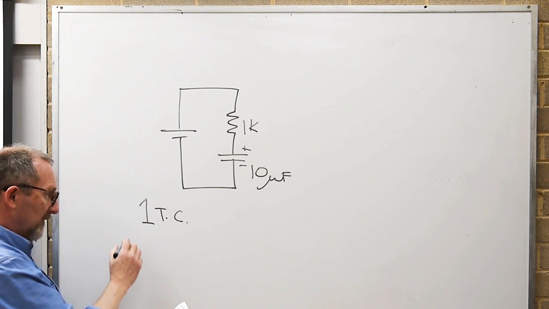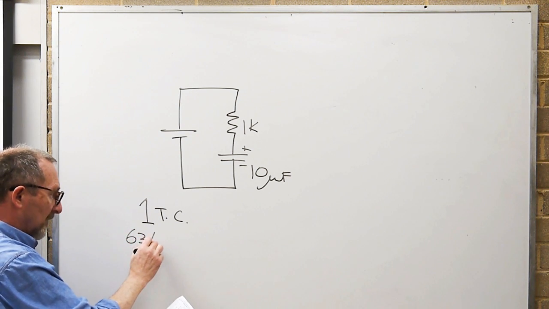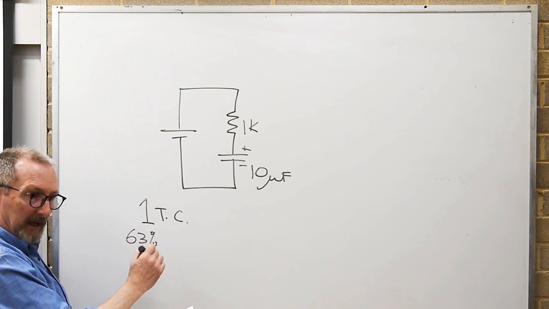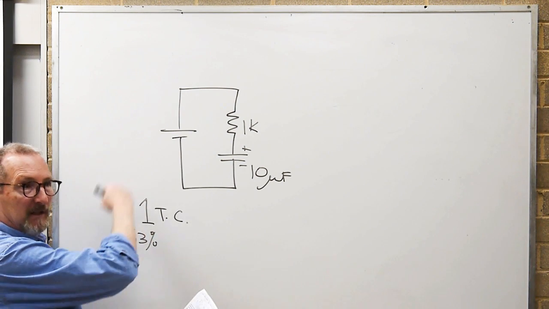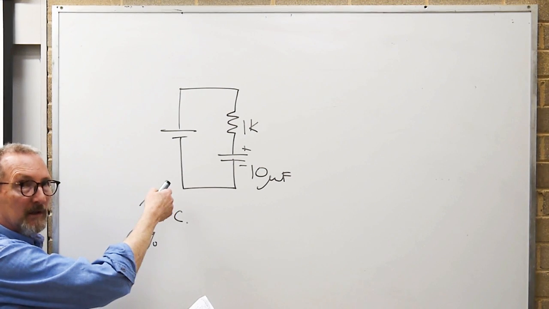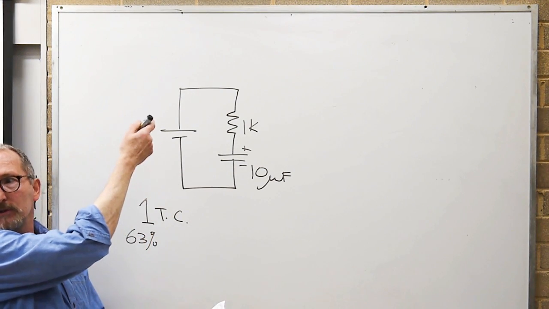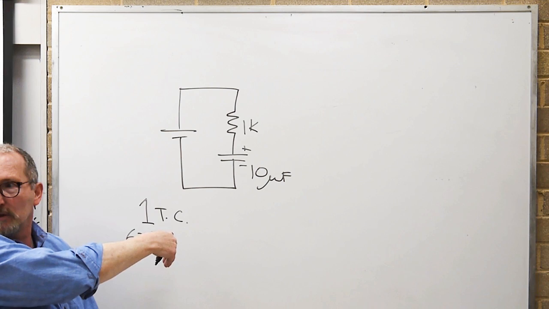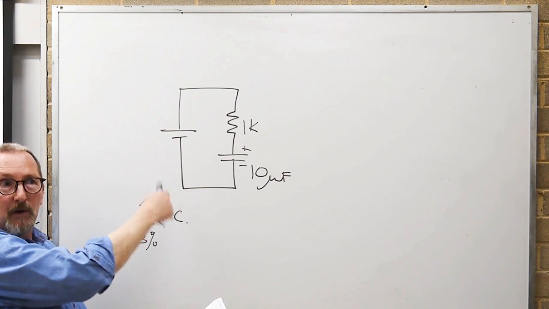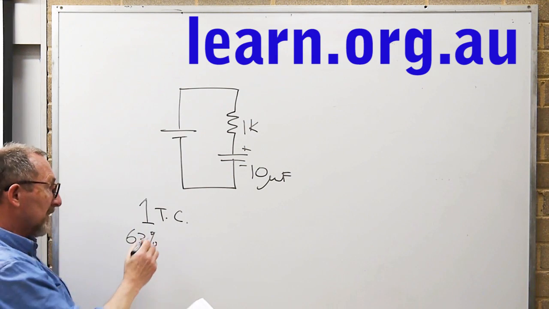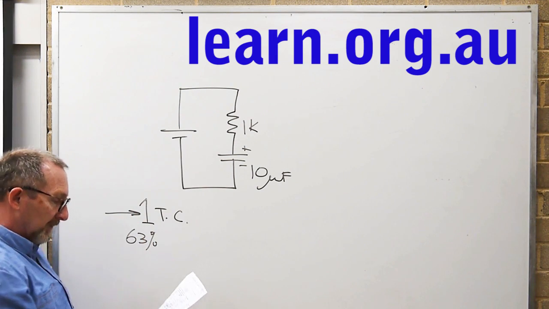So 1 TC is going to be 63% change, and that could be a 63% change in the voltage increasing or a 63% change in the current decreasing. The current, don't forget, decreases by 63% and the voltage increases by 63% in one time constant.